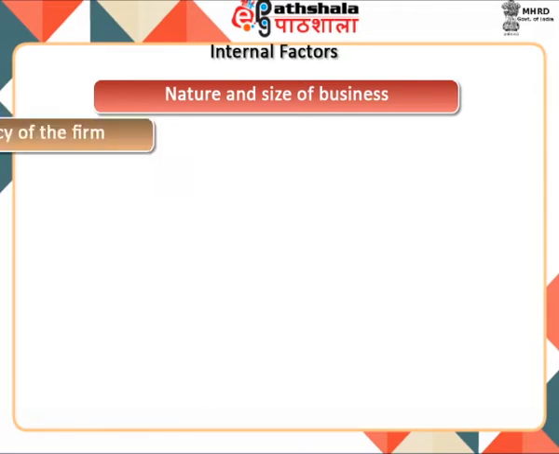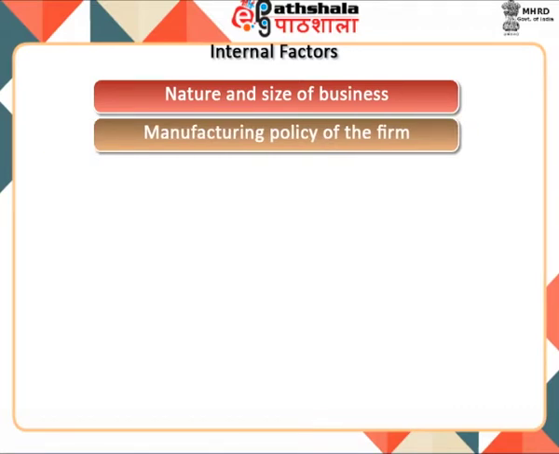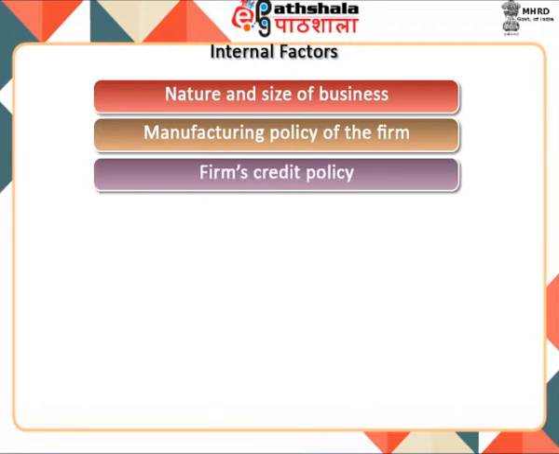A second factor is manufacturing policy of the firm. If the manufacturing policy is uniform, it requires a constant large amount of working capital, whereas if it is seasonal, the requirement will keep changing. After this, we have the credit policy. If it is liberal, that is, more time is given to creditors for payments, then large working capital will be required.